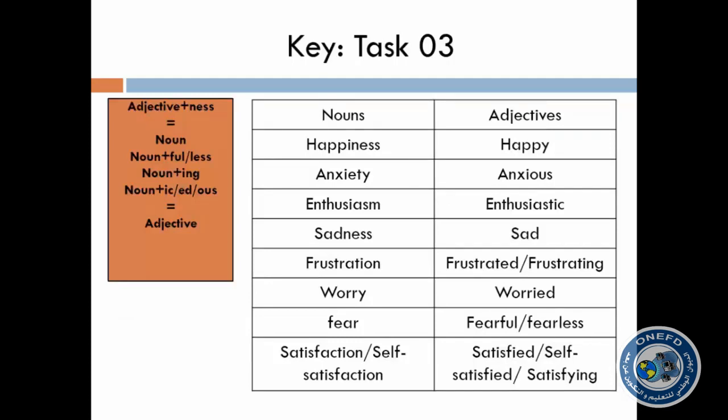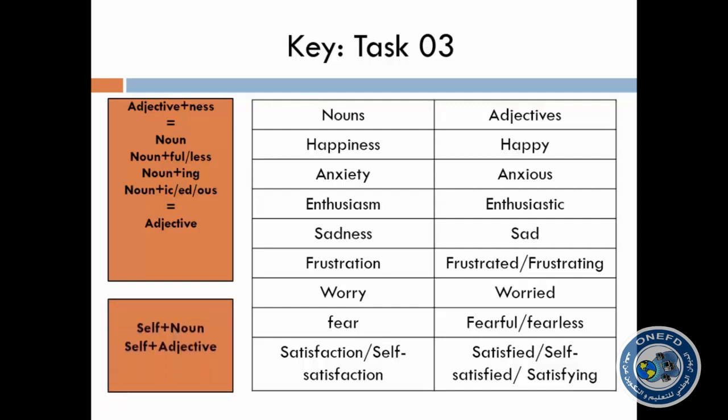We have happiness. The adjective is happy. With happiness, we have taken away the suffix ness and we are left with happy. Anxiety, anxious: we added the suffix ous to the word anxiety to get the adjective anxious. So the root is anxiety and the adjective is anxious.